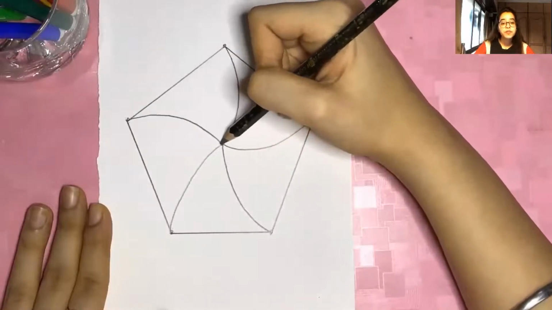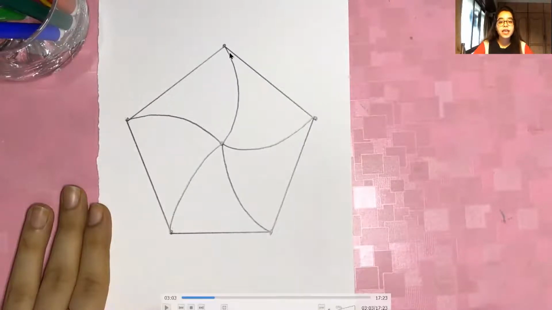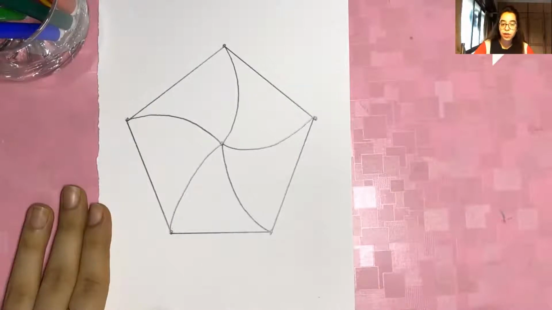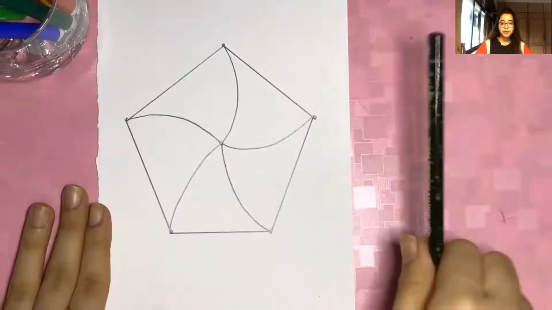You should have five sides to your shape, and the curved lines connected to the central dot should also be five in count. So you have five sides and five curved lines connected to the center. I hope all of you have drawn up till now, and we have a rough sketch ready for the fun activity. You can just get started with sketch pens now.